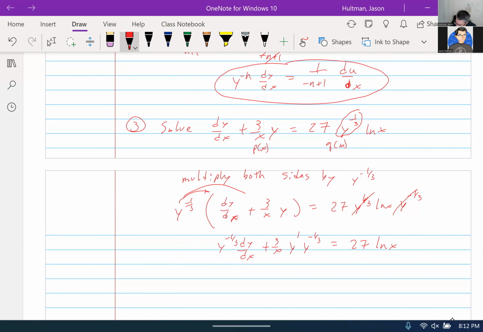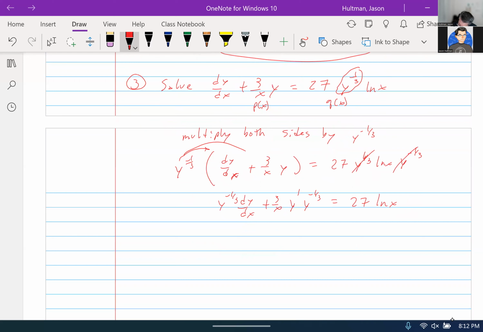I put the y to the first aside because we're just going to go y to the first minus 1/3, that's going to be y to the 2/3. So y to the negative 1/3 dy dx plus 3 over x y to the 2/3 is equal to 27 natural log of x. Nice.